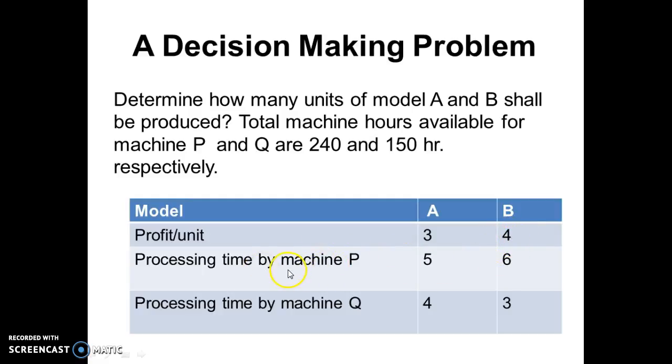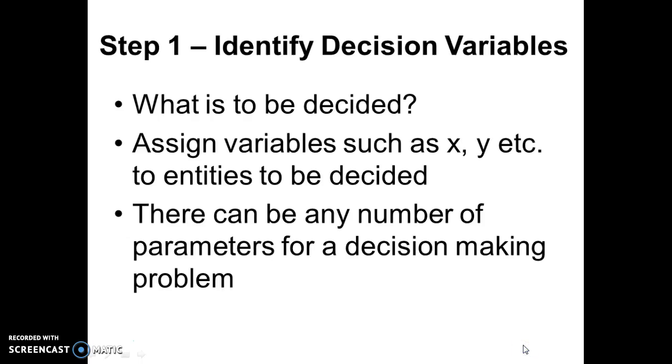The processing time required for each product on two different machines P and Q also varies, and the data is given in this particular table. The processing time by machine P required for product A is 5. Like that, all data is given in this particular table.